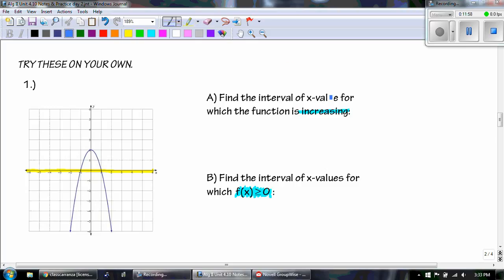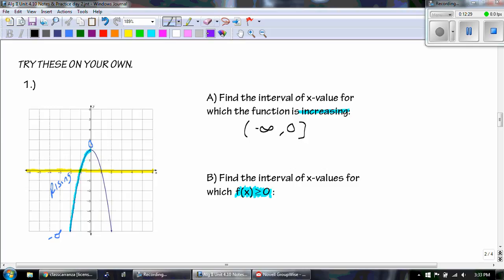So when we're looking at A for when it's increasing, I want to know where are we rising? And we are rising from -infinity to 0. Okay? So from -infinity to 0, that's where we are rising. Okay?